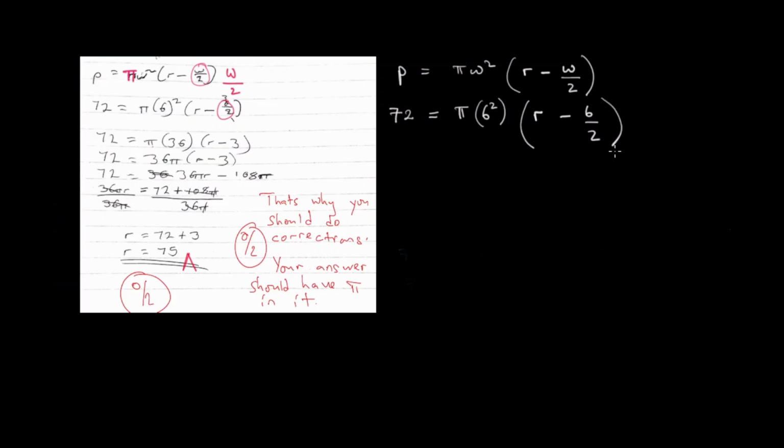Let us simplify what needs to be simplified. So 72 is equal to 6 squared, that's 36 pi. Then it's r minus 3. Correct? That is the stage reached. Then let us do our manipulations.